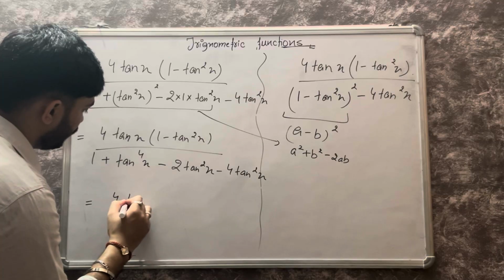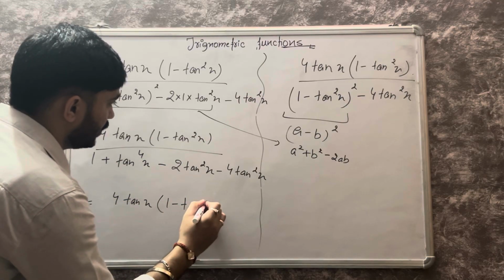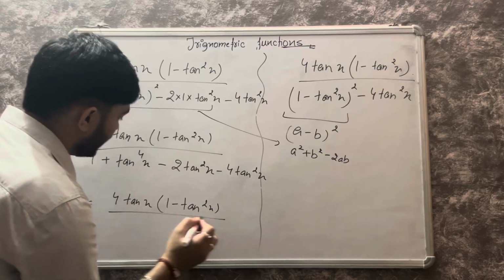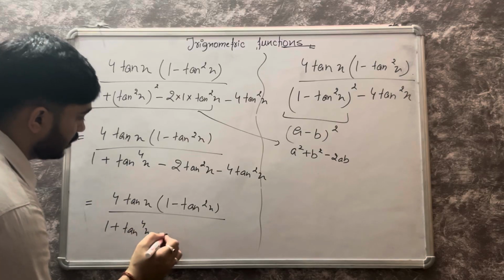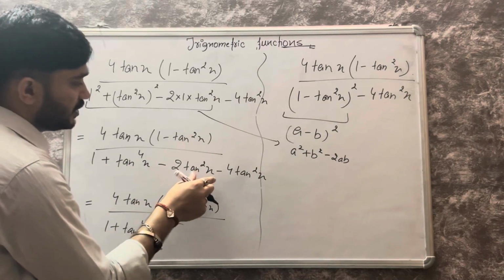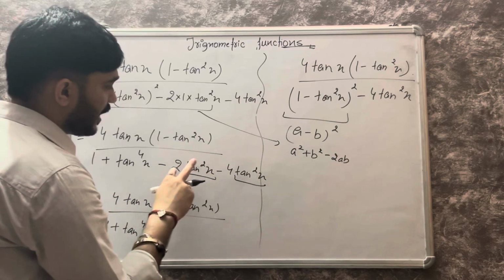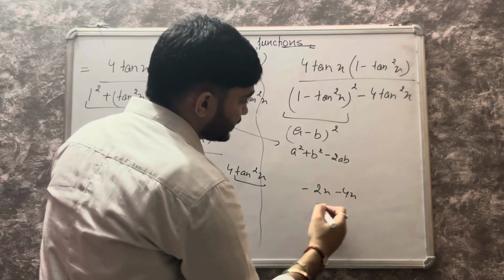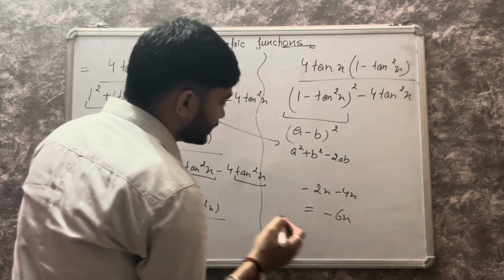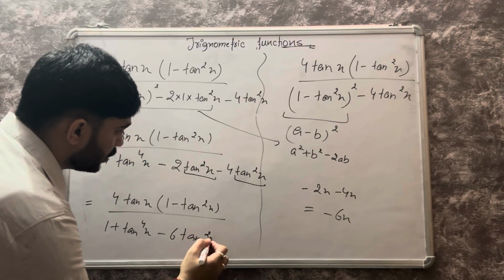We will get 4 tan of x into 1 minus tan square x divided by 1 plus tan of 4x. This and this terms, since the variable here is the same, we are going to add these terms, like minus 2 tan square x minus 4 tan square x yields us minus 6 tan square x.